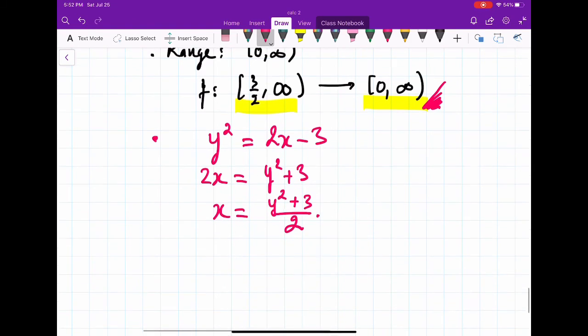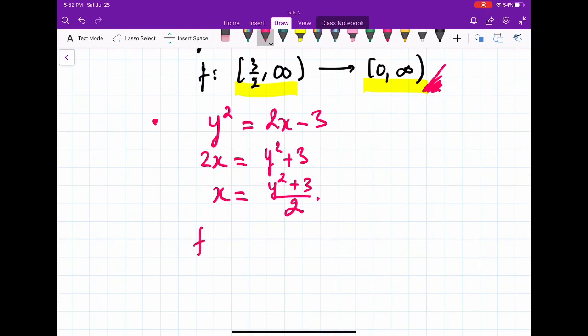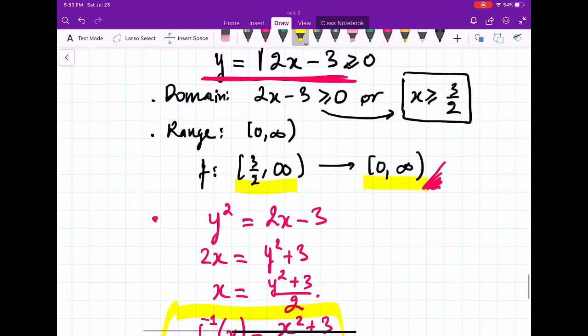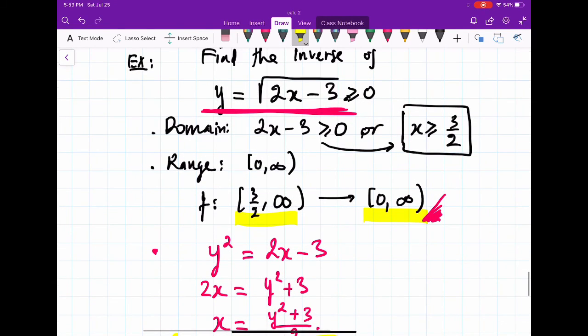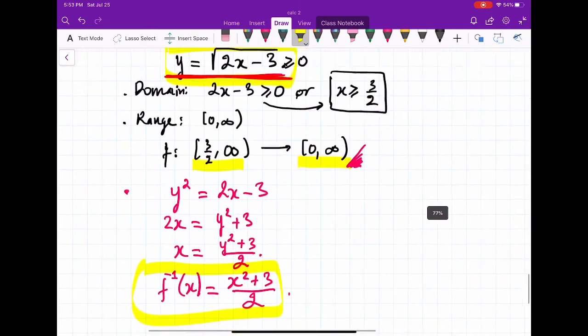So from here, I write the inverse function is equal to x squared plus 3 over 2. All right, you have two functions here, the inverse and the original one, and you want to check if they are inverses of each other.